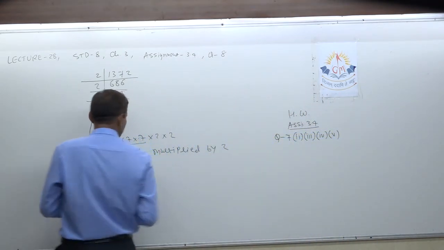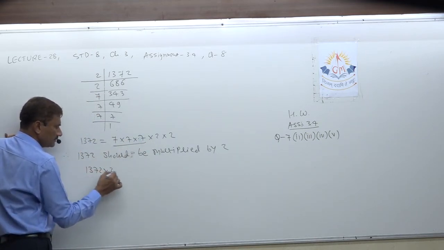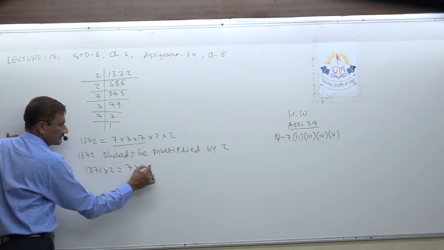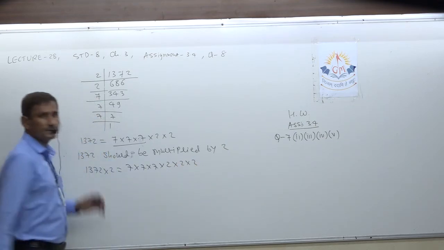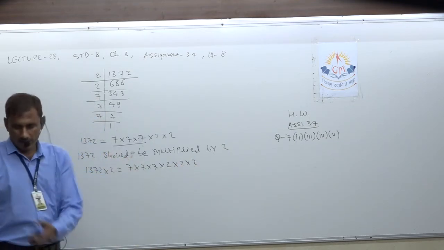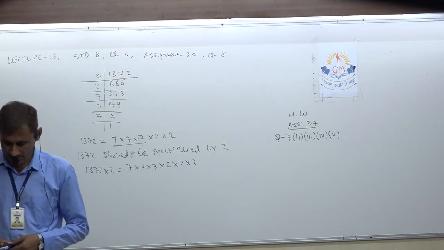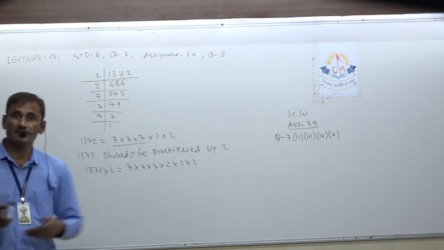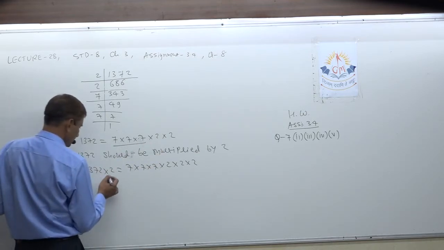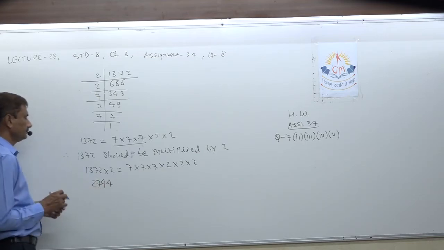Okay. By doing that, what happens? Let's multiply by 2, both sides by 2. So it will be 7 into 7 into 7 multiplied by 2, 2, 2. That is our first answer. Now they are asking, find the required perfect cube so obtained. So what will be the perfect cube number? 2 2s are 4, 7 2s are 14, 3 0s are 6, 7, 2 1s are 2.